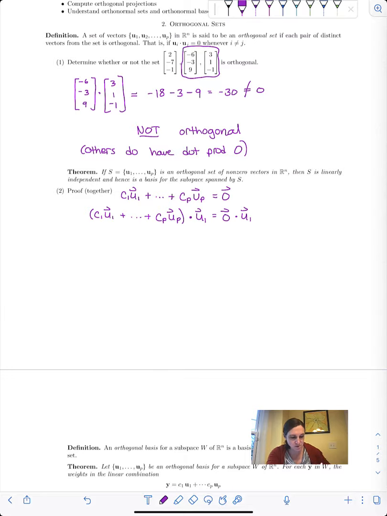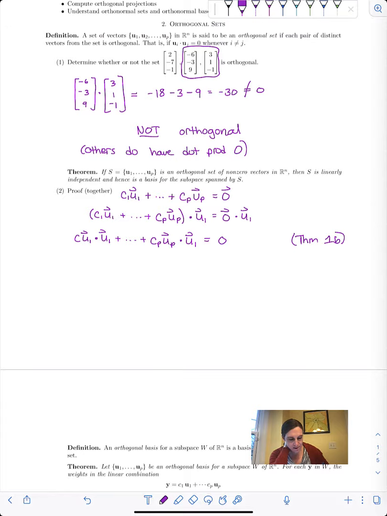We can use the distributive property of dot product to distribute that U1 across that sum, and that is theorem 1b. And the dot product of the 0 vector with anything is just 0, because you're multiplying each component by 0.